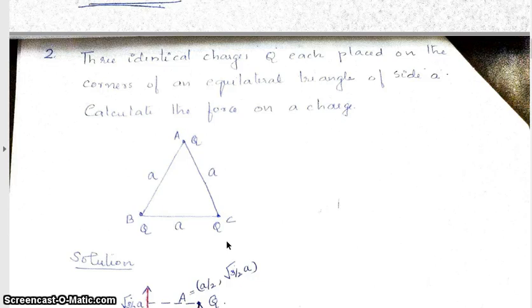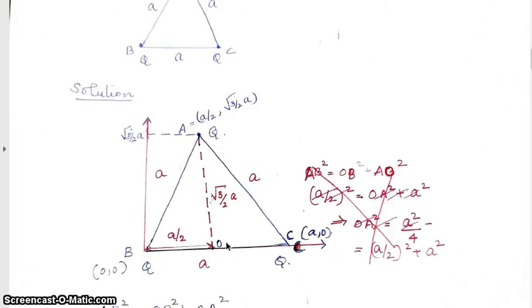We will be using Coulomb's law, and we know the magnitude of our charge. Next, you have to find the position vector. To do that, first you have to identify the coordinates. Now listen, I have redrawn the figure like this: A, B, C, with Q at each corner. Now you can see the coordinates of B are 0, 0, right?